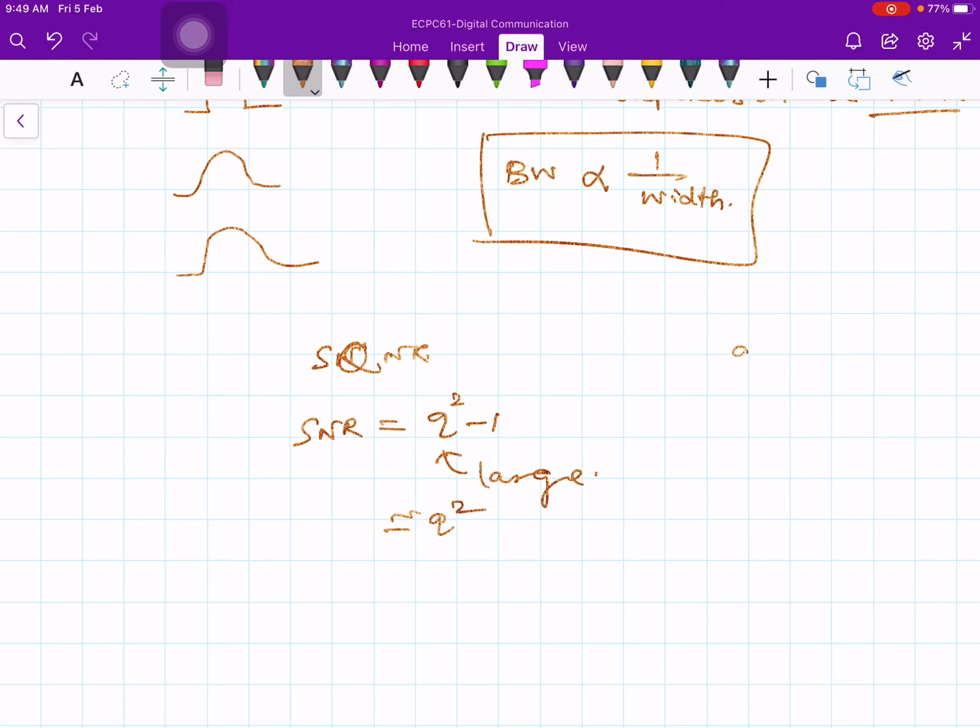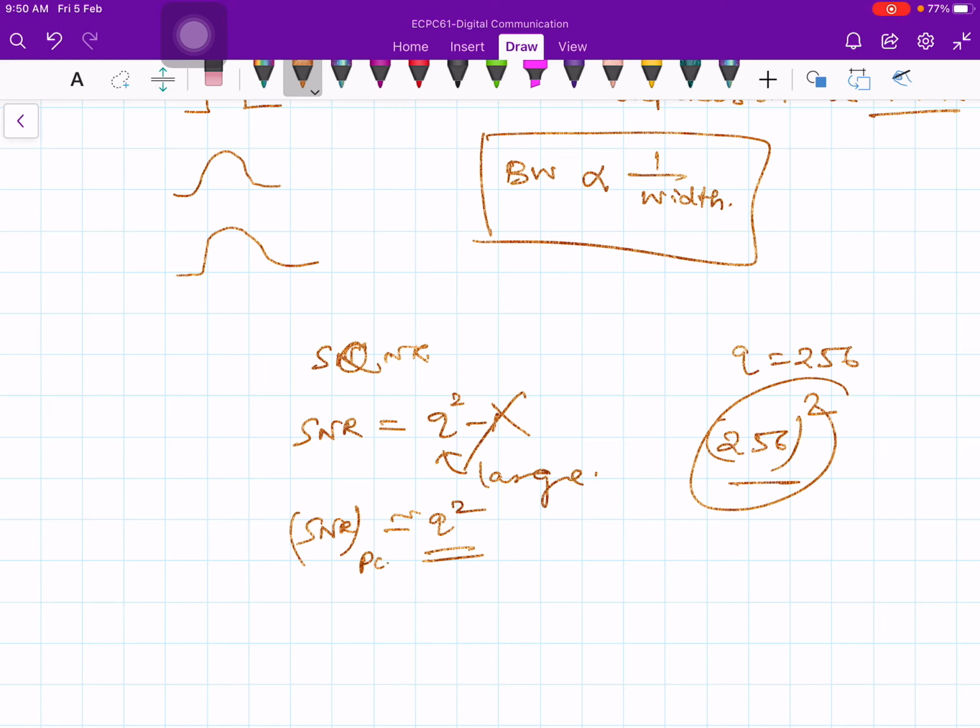Suppose you are using 256 level quantization, then it is going to be 256 squared. It's a huge number, so in that case you can ignore the minus 1. So approximately, the SNR of my PCM system is Q squared.